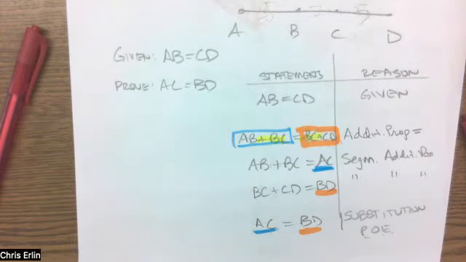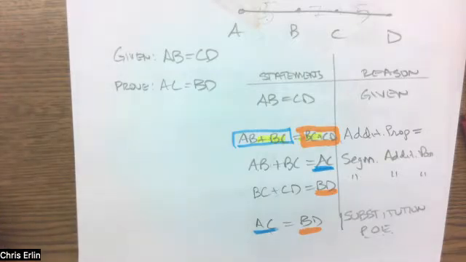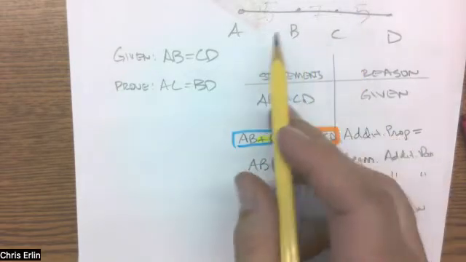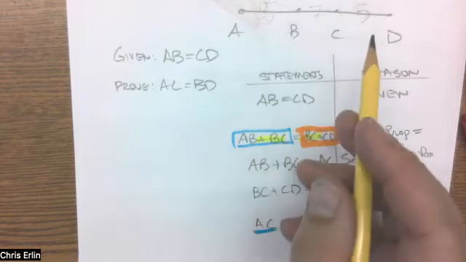Now, there is a small, subtle distinction that I'm going to add back in on step 2. What does the addition property of equality say? You can add something to one side of the equation as long as you add the same amount to the other. So if I were adding like 7 to this side and 7 to this side, there's no question that I'm adding the same amount.